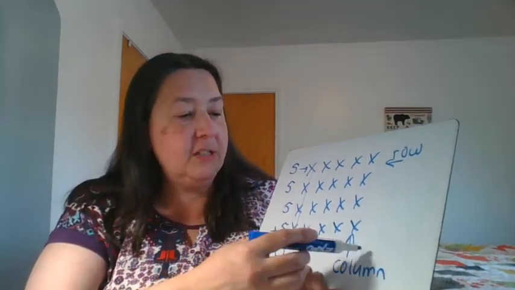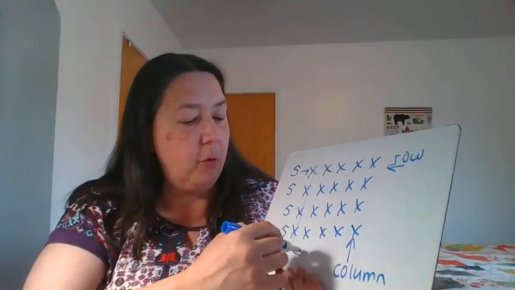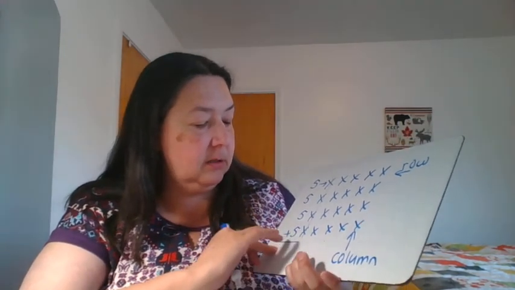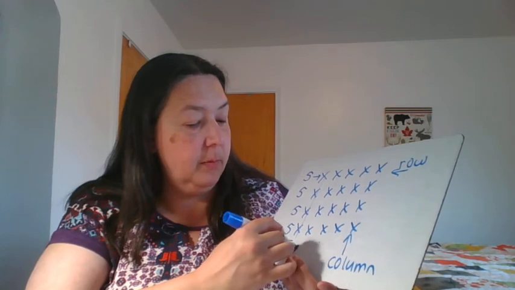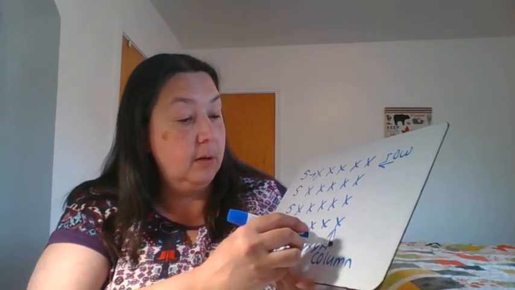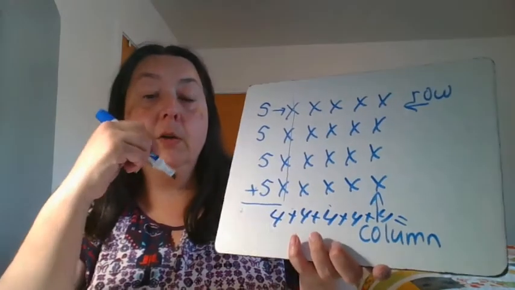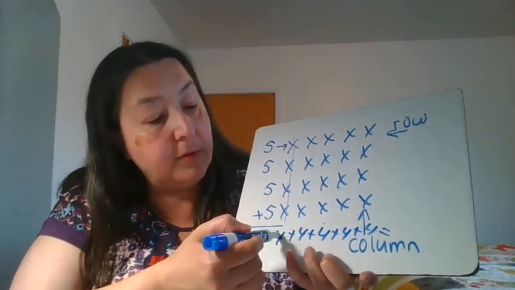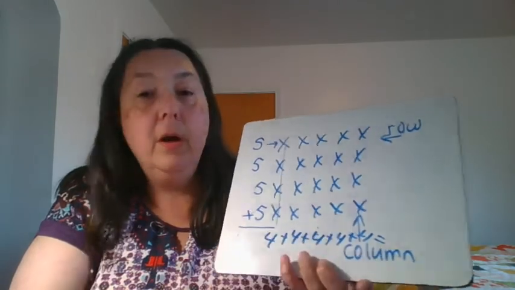If I was going to go this way and count them this way, I would have 4. Oh, this is going to be kind of squishy. Let me erase this. 4 plus 4 plus 4 plus 4 plus 4. So here is all my 4s to match my rows, my columns. 4, 4, 4, 4, 4.